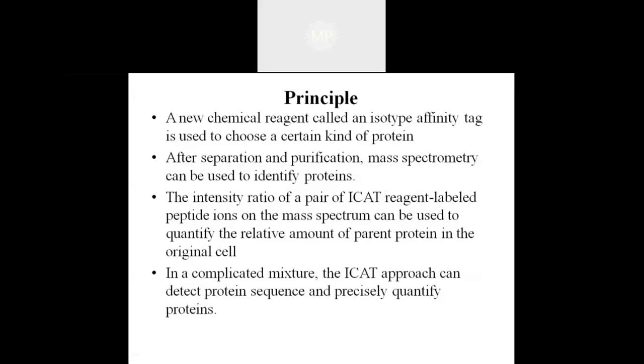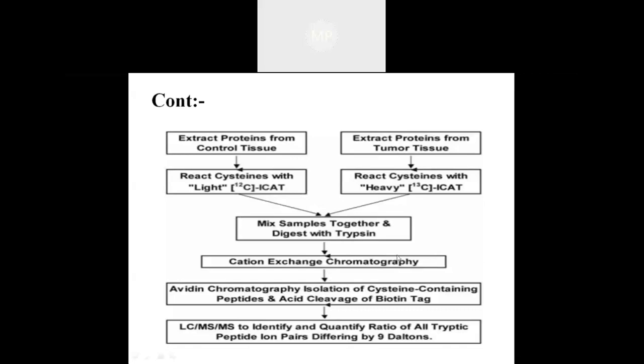After the separation and purification, MS is used to identify the protein. The intensity ratio of a pair of ICAT reagent peptide ions on the mass spectrum can be used to quantify the relative amount of parent protein in the original cells. And after that, we go for cation exchange chromatography, and after that the LC-MS to identify and quantify the ratio.